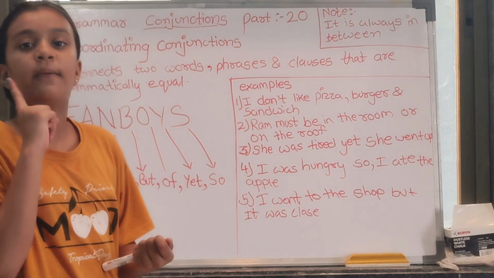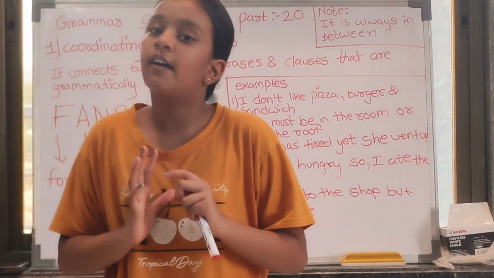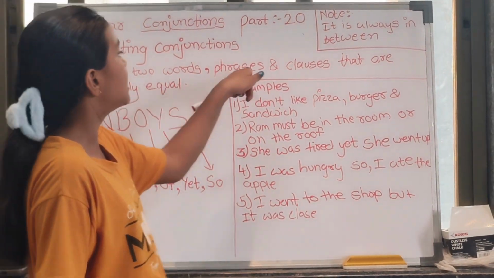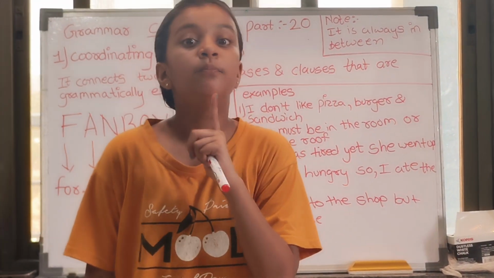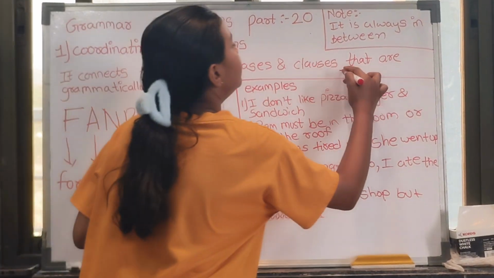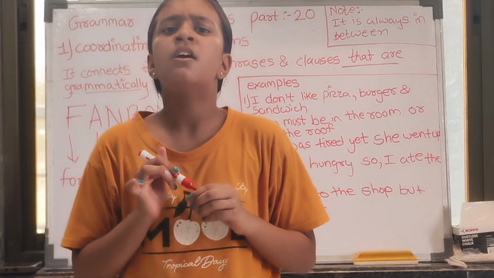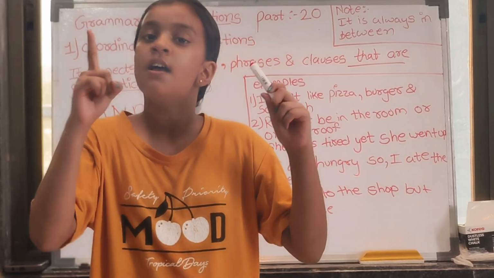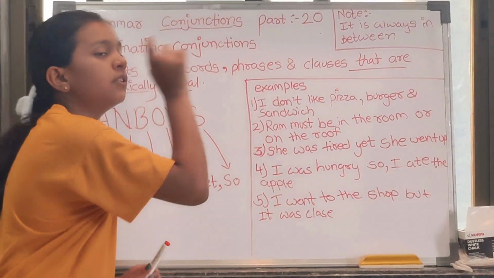So in the same way coordinating conjunctions work. They also join words, phrases, and clauses, but only when they are grammatically equal. Whenever the words are grammatically equal in a sentence, then it will join the two words, phrases, and clauses.